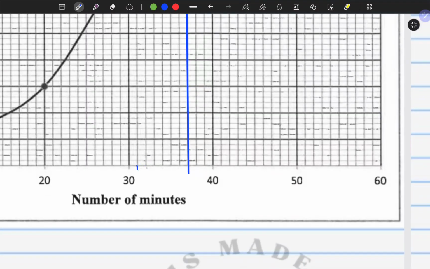If you observe carefully, you have 1, 2, 3, 4, 5, 6, 7, 8, 9, 10. So this is going in steps of 1. So what are we going to have? 31, 32, 33, 34, 35, 36, 37. So that is what we are able to read, 37.